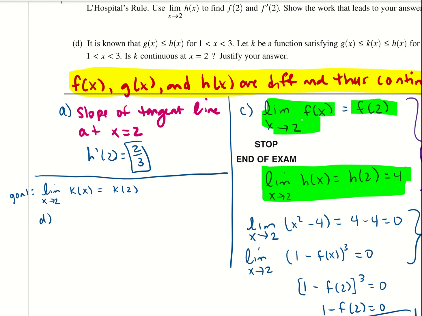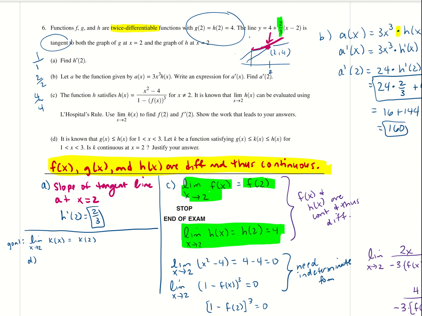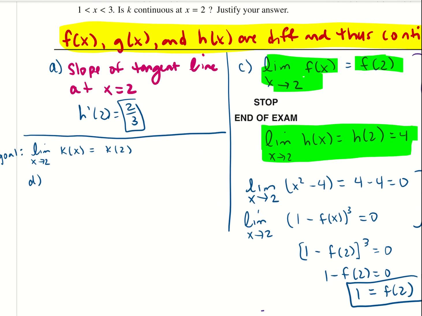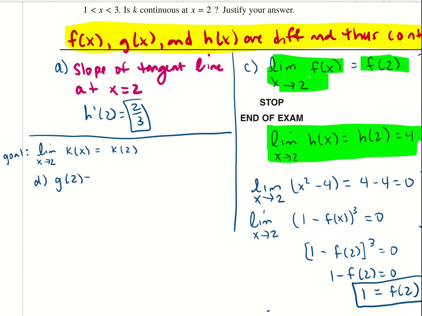All right, so on part D, let's maybe start with K of 2. Earlier, we were told that G of 2 is equal to 4, and H of 2 is equal to 4.